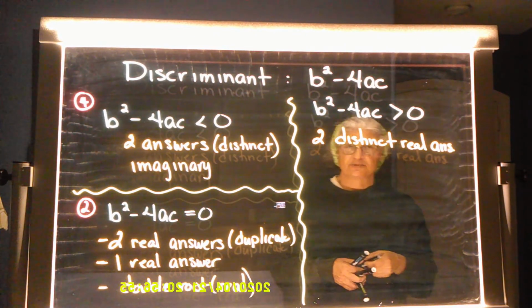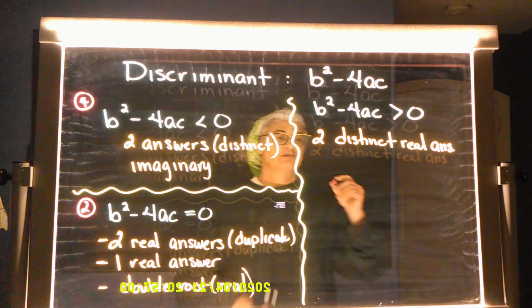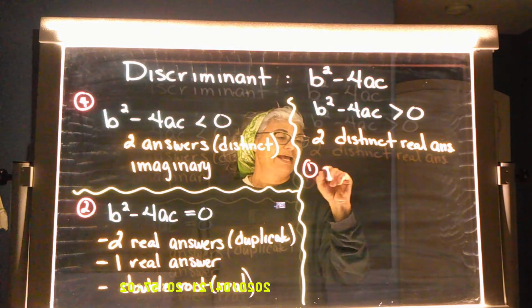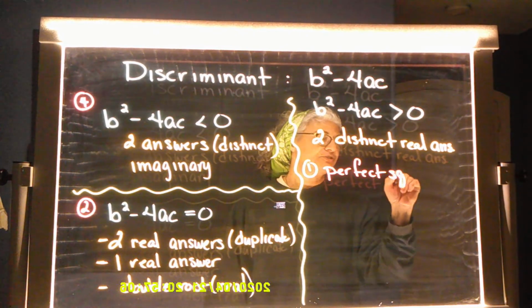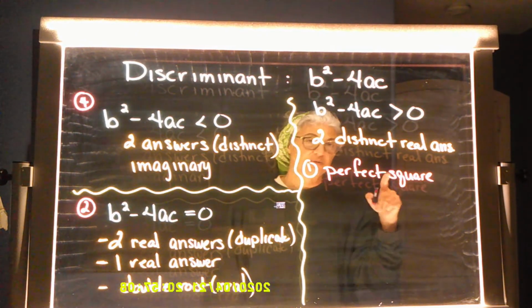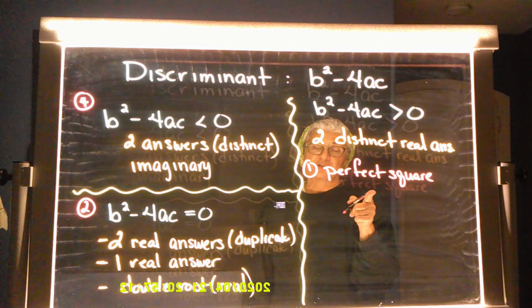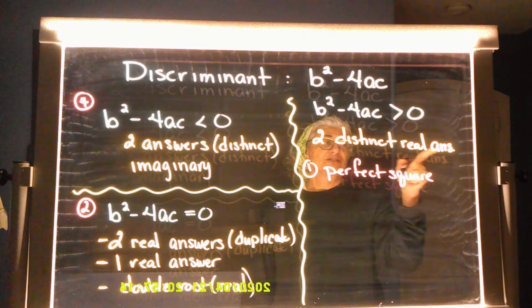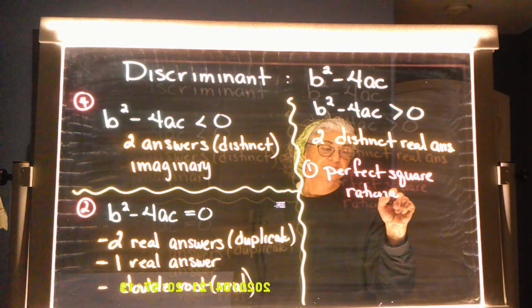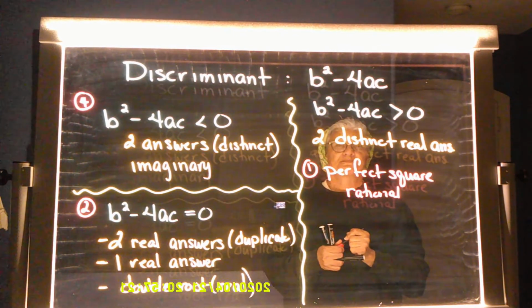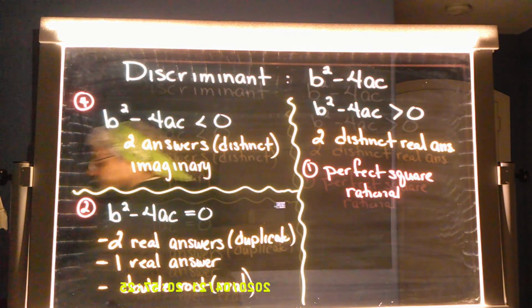Now, in problem number 1, I had a perfect square, didn't I? Under the square root, the discriminant was a perfect square, wasn't it? Because it was a perfect square, they'll call these two distinct real answers rational. Now, problem number 3.